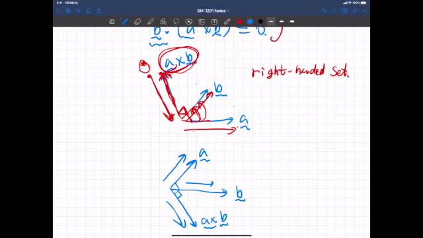So that's called a right-handed coordinate system. This is the convention we usually use in mathematics or physics. So that's x, y, and the z direction is this direction, not this direction.